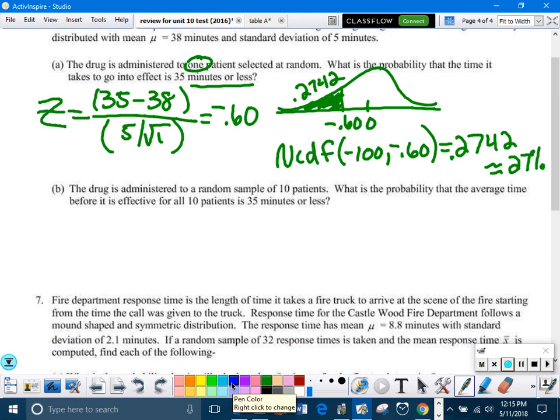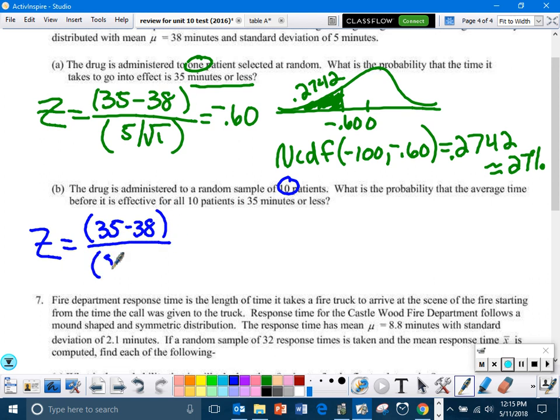Next one, 10 patients. Okay, that is going to change the z-score quite a bit. That's going to change it to a negative 1.9.